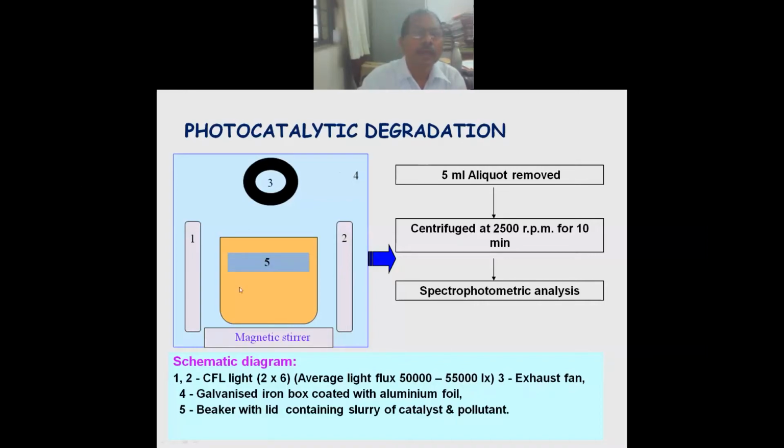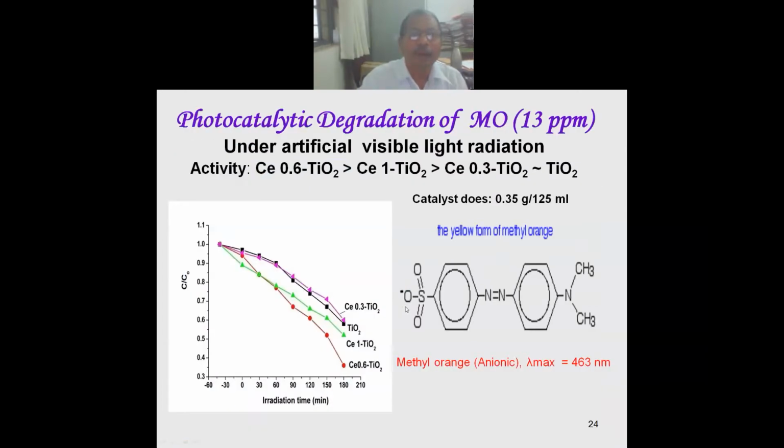The photocatalyst along with the pollutant solution is taken to this reactor, stirred, and exposed to the light for a certain duration. With respect to time, the liquid is removed, the catalyst is separated, and the analysis is performed by the spectrophotometer. This catalyst is studied for photocatalytic purposes using methyl orange as a dye.